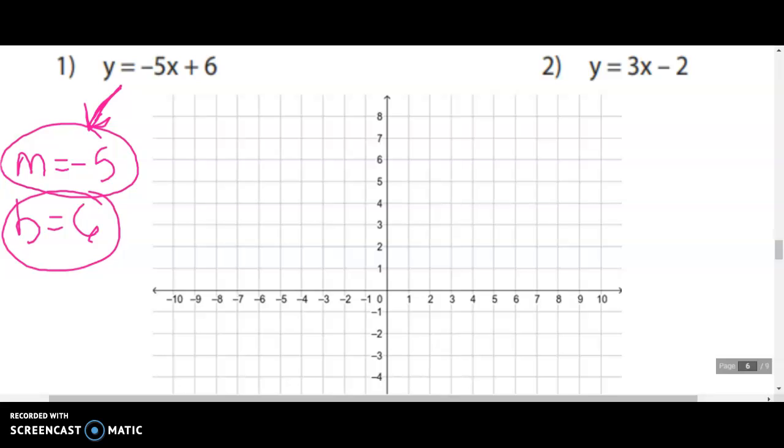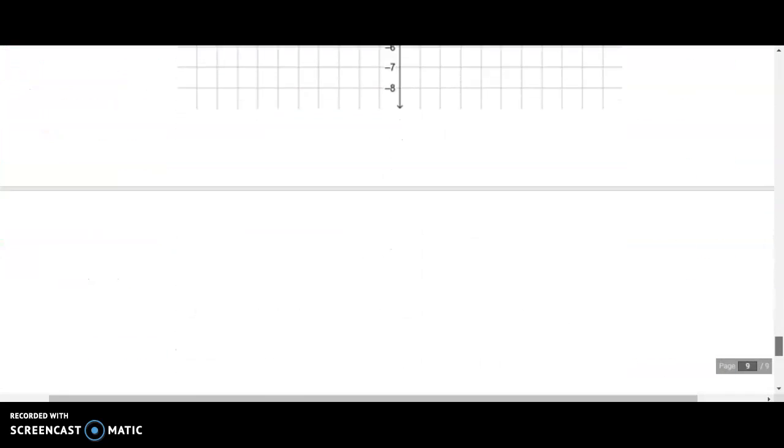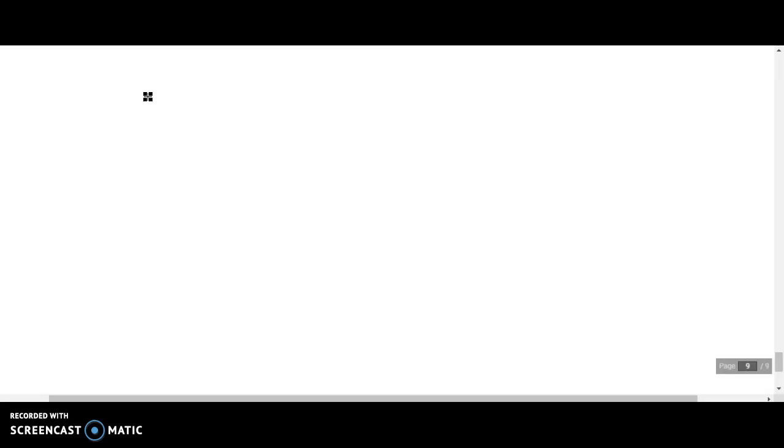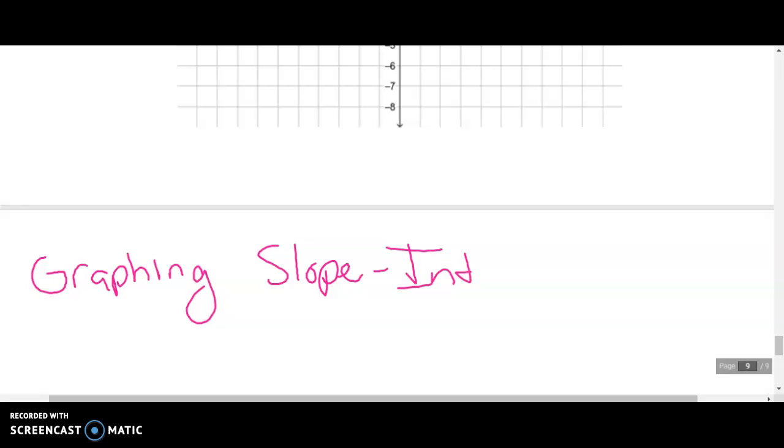So in order to graph, I want you to write this down. I'm going all the way to the end, and I'm going to write down graphing slope-intercept. So the first thing you're going to do is plot the y-intercept.